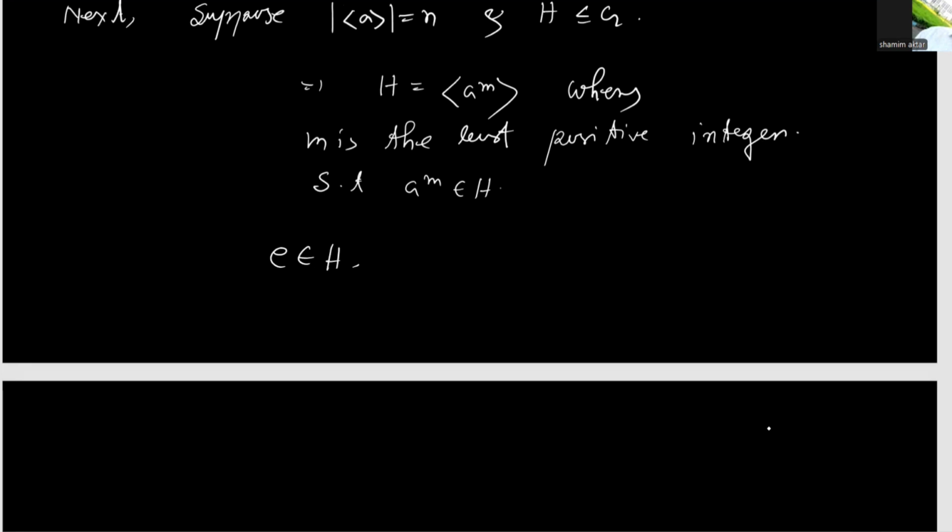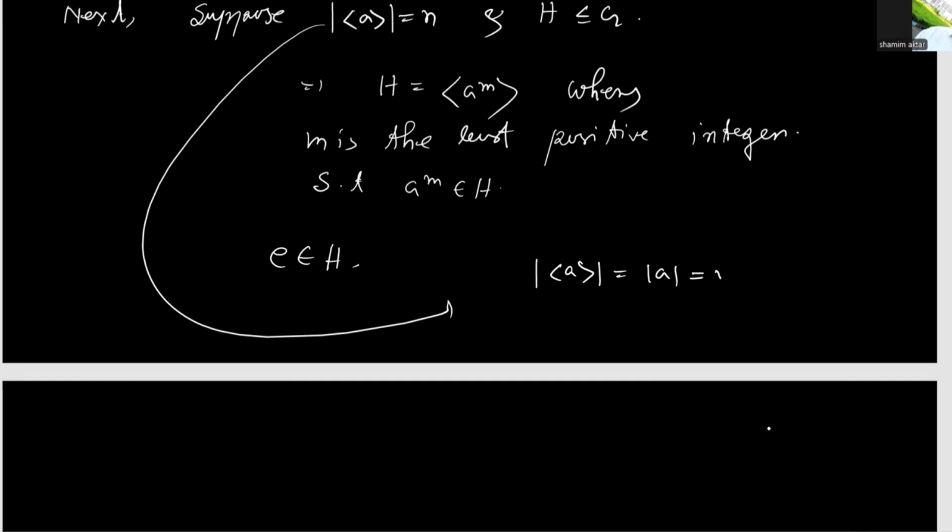From here, we know the order of A equals n, given. So this implies A to the power n equals the identity, and from this A to the power n belongs to H, and H equals the generator of A to the power m.